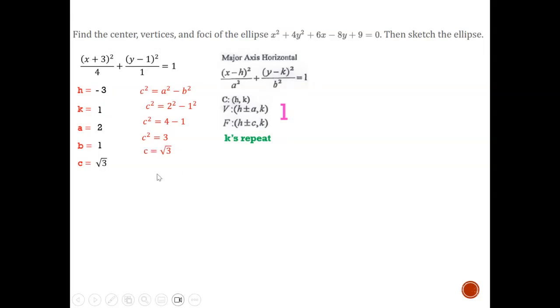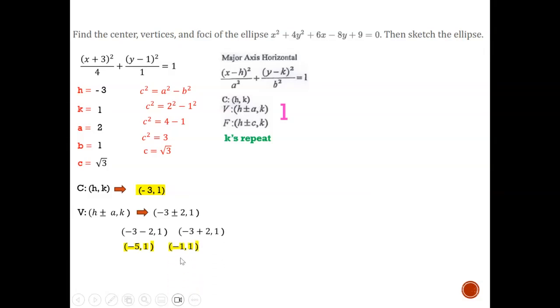I found my C. Now with all that given information, I can find my center. Center is (H, K), which will be (-3, 1). My vertices are going to be (H plus or minus A, K), which is (-3 plus or minus 2, 1). That will give us (-3 minus 2, 1) and (-3 plus 2, 1), which will give us (-5, 1) and (-1, 1).